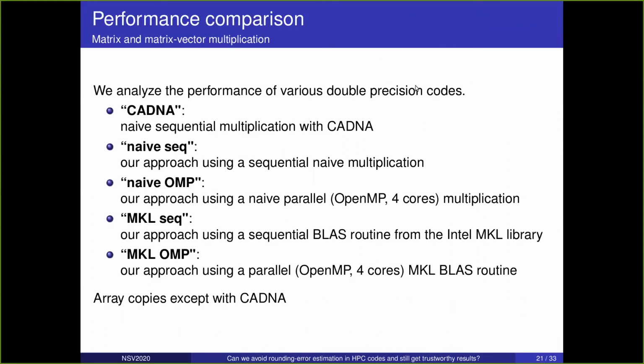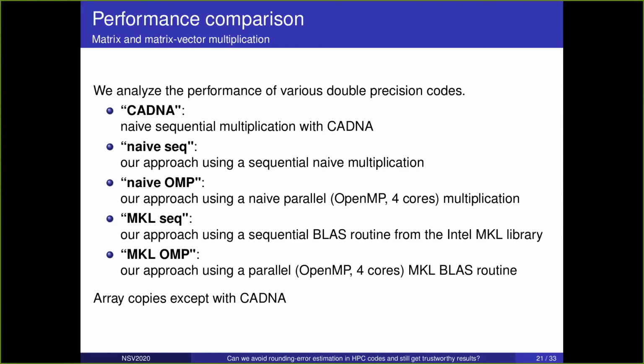So now the performance comparison. So we'll run codes for matrix multiplication and codes for matrix vector multiplication. We analyze the performance of various double precision codes. So first, CADNA, that performs naive sequential multiplication with CADNA.